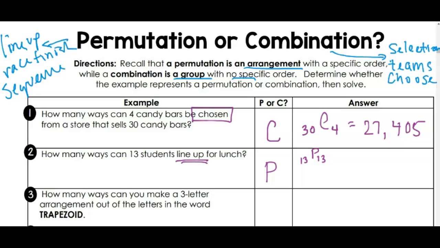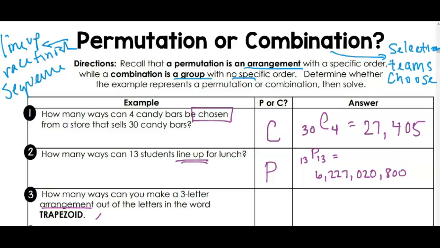This is also 13 factorial. Remember that shortcut. We'll see that this is actually quite a large number, about 6,227,000,000.